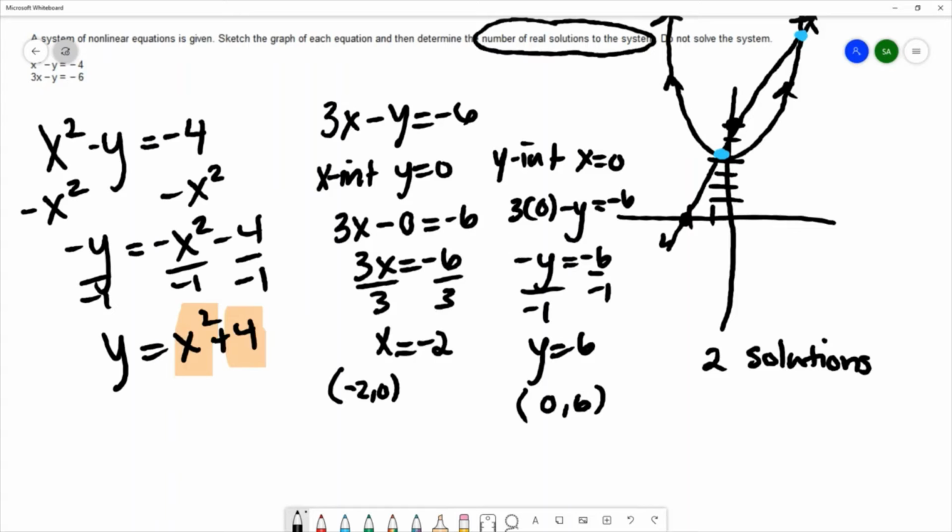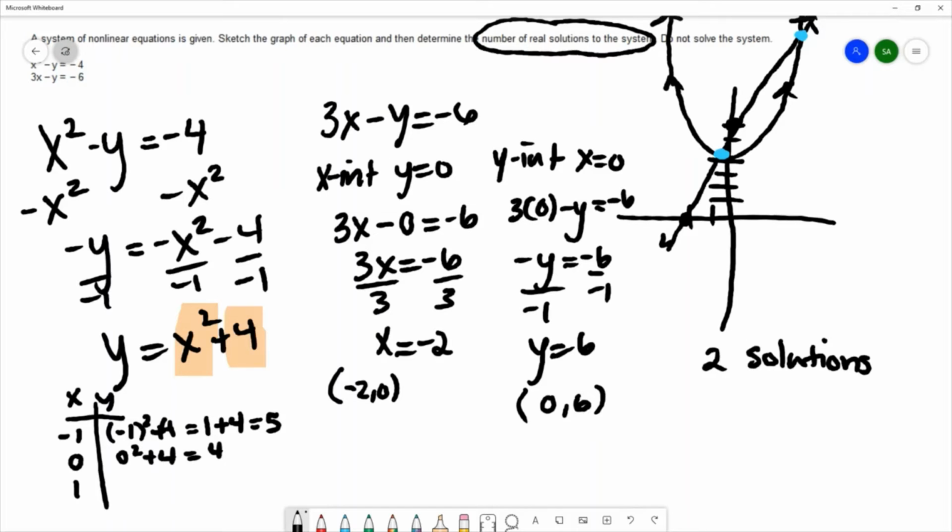So I can make a quick chart here of x's and y's, and I'll use -1, 0, and 1. And substitute that into our equation to get the y coordinates. I have -1 squared plus 4 would be 1 plus 4 is 5. 0 squared plus 4 is 4.